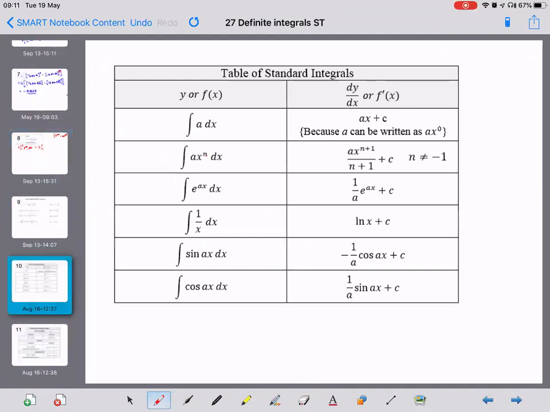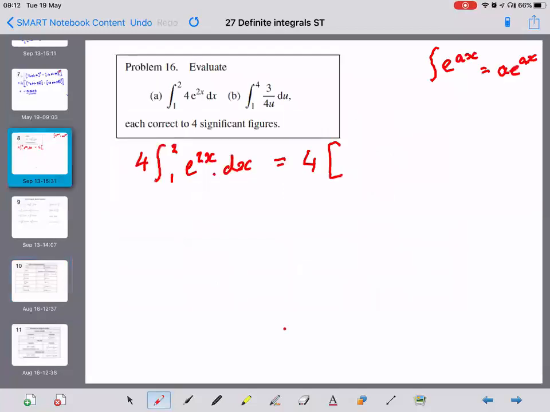If we integrate e to the ax, we get 1 over a e to the ax, so it should be 1 over 2. 1 over a. So here we're going to have 1 over 2 e to the 2x. Yeah. And then close our brackets and put our limits in, which are 2 and 1.